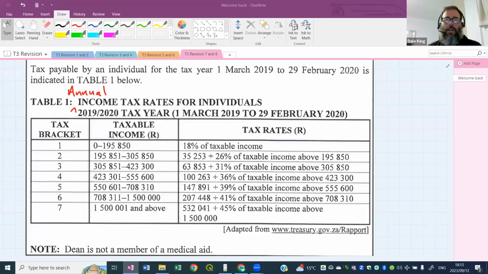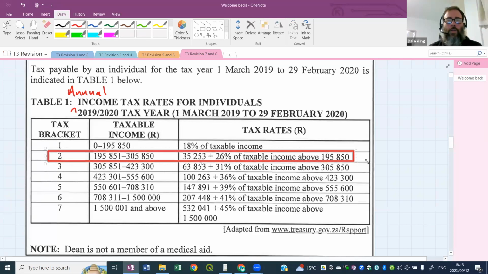Yes, Fatima, exactly. That's exactly it, Fatima. Otlile is speechless. All right, there we go. So we know we're in tax bracket 2. That's all I'm going to give you. You guys said we're in tax bracket 2. That's the one you're working with. All right.